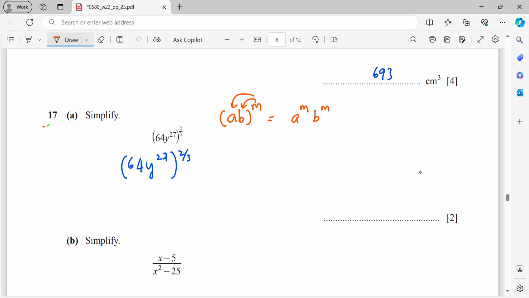Applying this formula, I get 64 to the power of 2 over 3 times y to the power of 27 with degree 2 over 3. Then 64 to the power of 2 over 3 is basically 16 when you use a calculator, and 27 times 2 over 3 is basically 18. So that's your solution of this question.